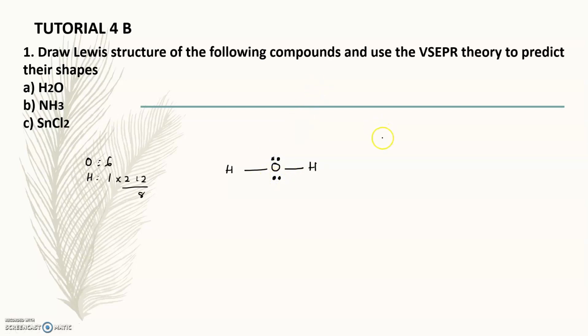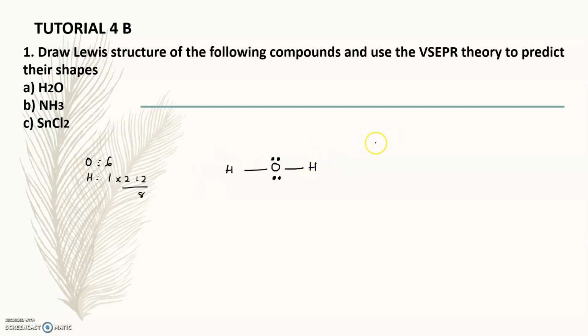Okay, and then to determine the molecular geometry or shape, first you must determine the bonded atoms, how many atoms are bonded to the central atom, or what we call bonding pairs.